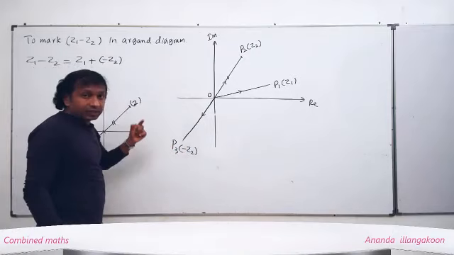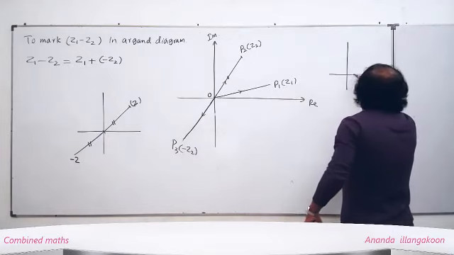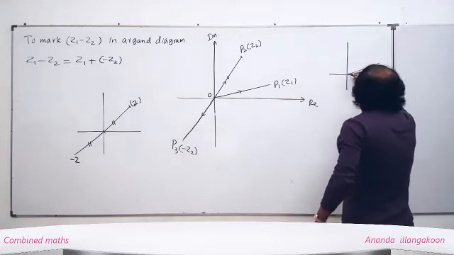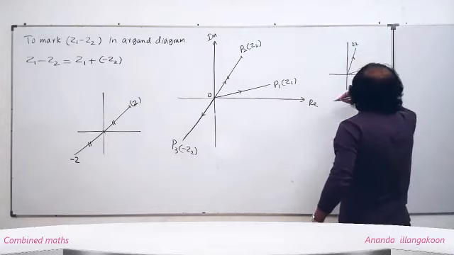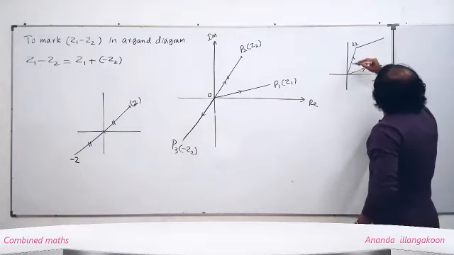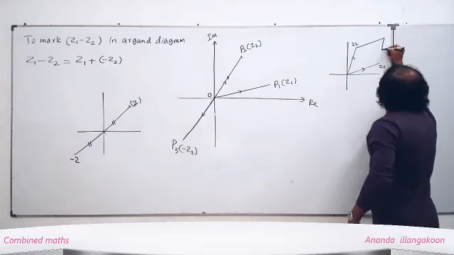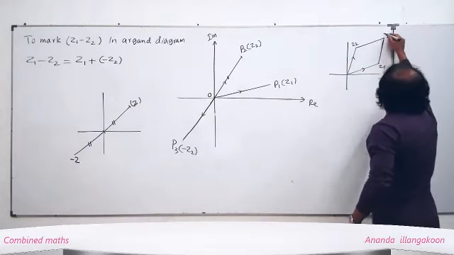Earlier, in the previous case, we added two complex numbers. One is the complex number Z1, the other one is Z2. To add Z1 and Z2, we constructed the parallelogram with these two line segments as its adjacent sides. Then by the fourth vertex, we got Z1 plus Z2.